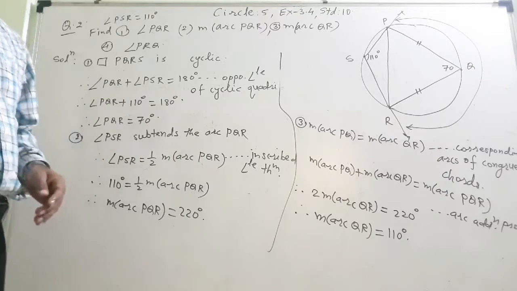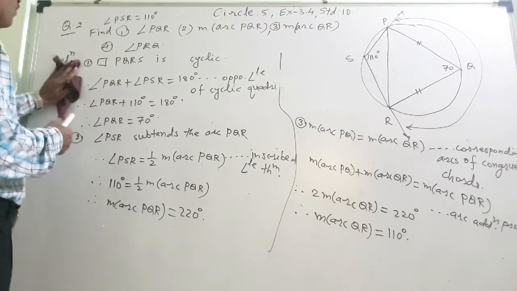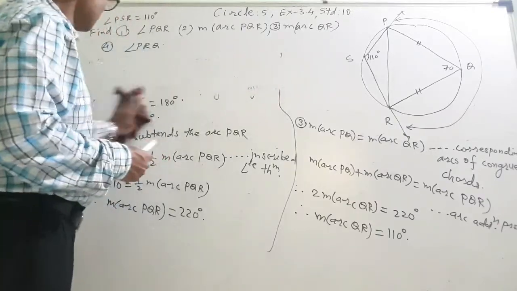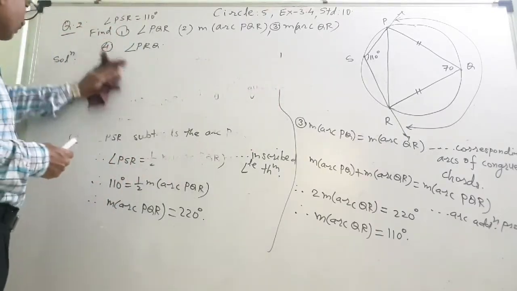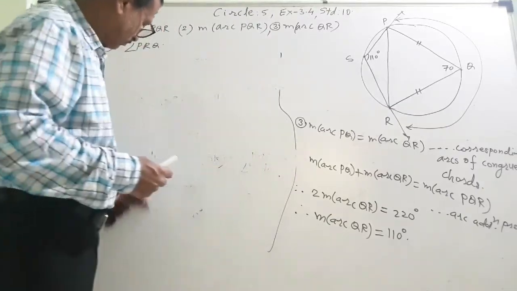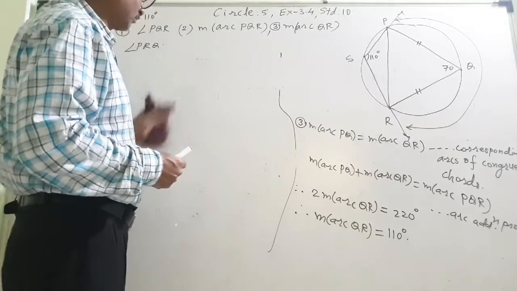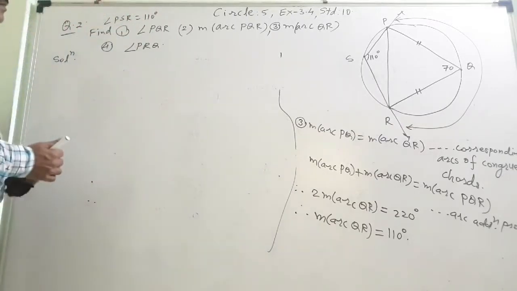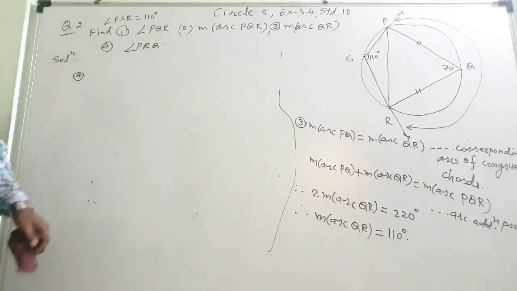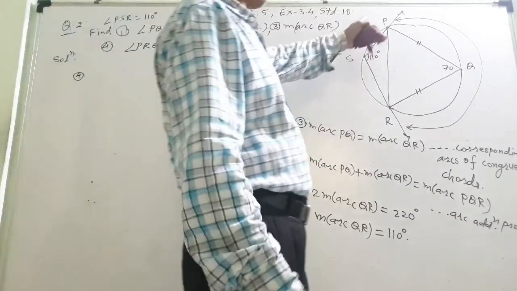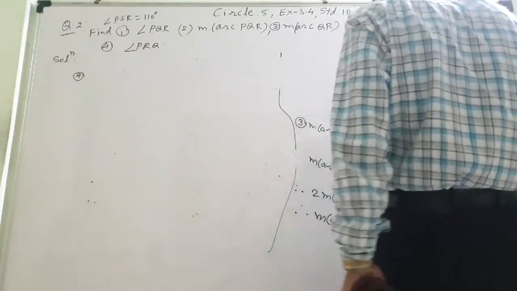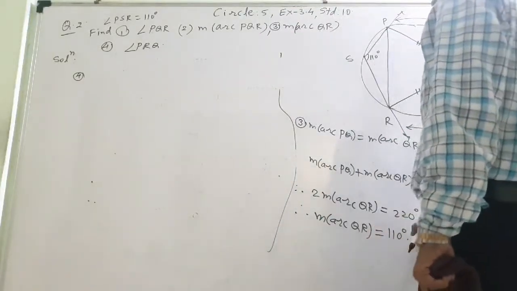So I am rubbing this part and going for the last, fourth one of this question. The fourth one. What is it? PRQ. Now this QR is 110.